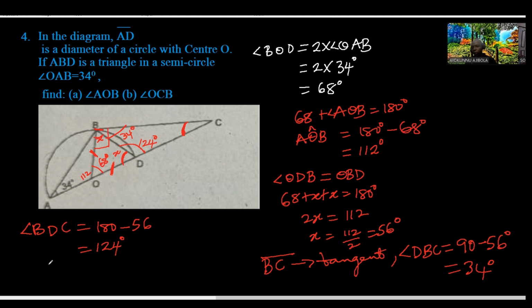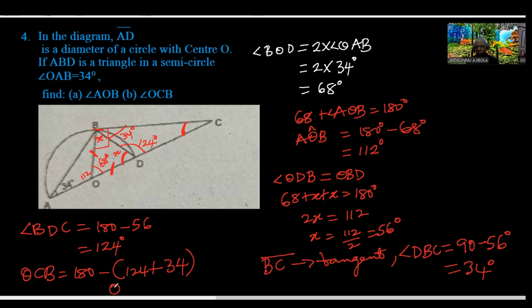Then OCB. OCB is in a triangle with those two angles. So that's what we're looking for. It will be 180 minus the 124 and the 34. Is that clear? Yes, sir.